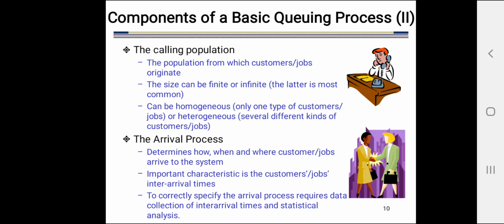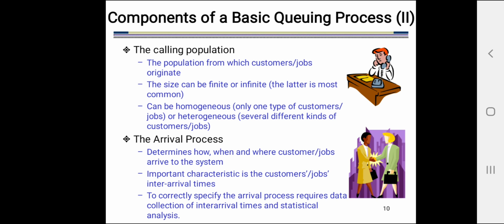Size can be finite or infinite. The calling population can be homogeneous, only one type of customers or jobs, or heterogeneous, with several kinds of customers or jobs. There are different types.